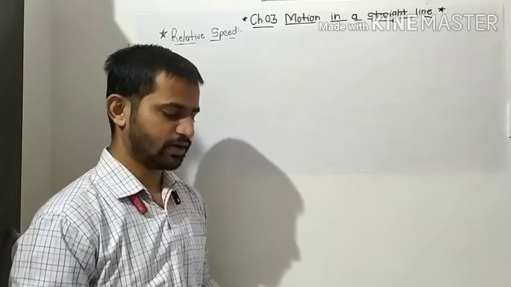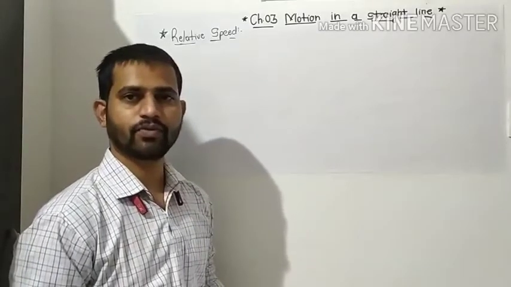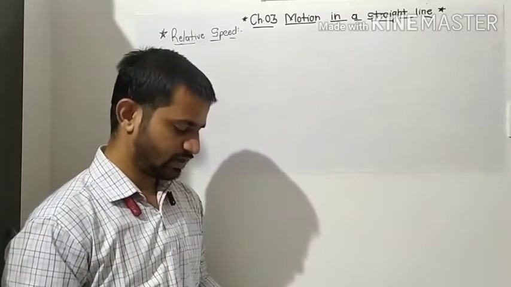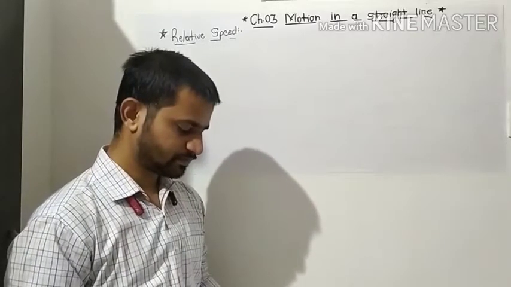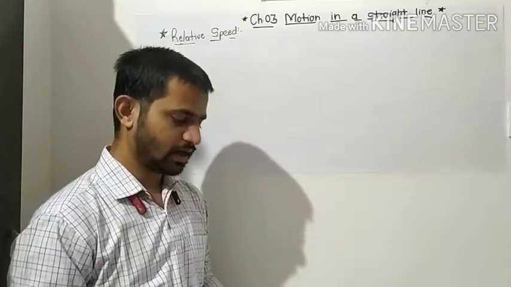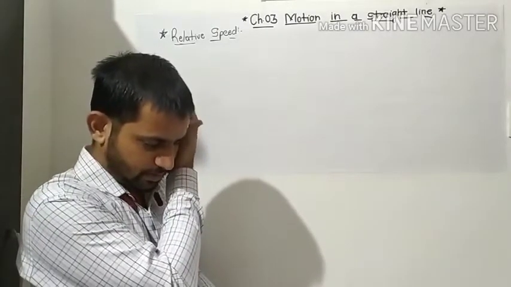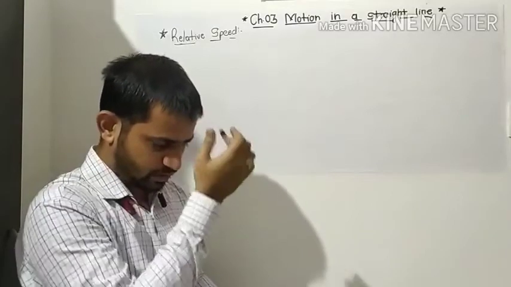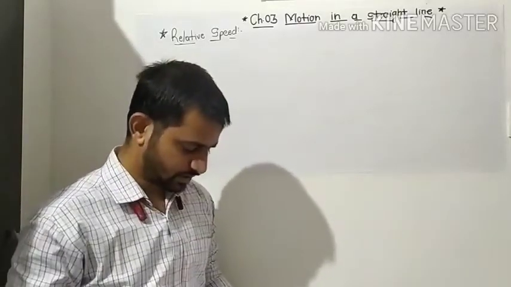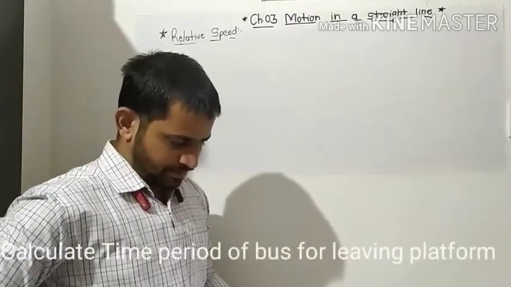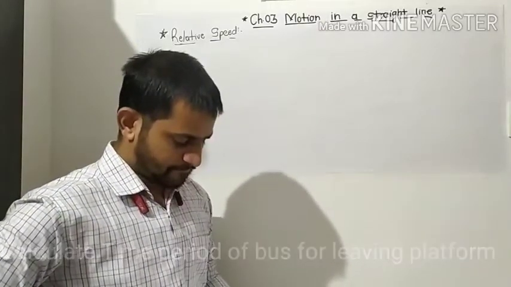We have to calculate here the capital T, the period. To find it, we have to know the velocity of a bus with respect to the cycle.